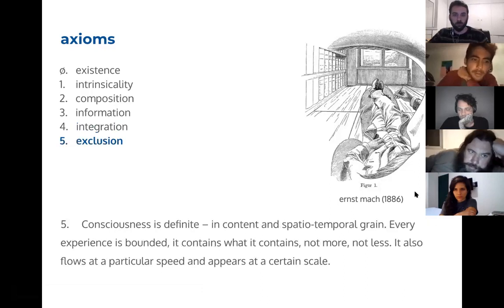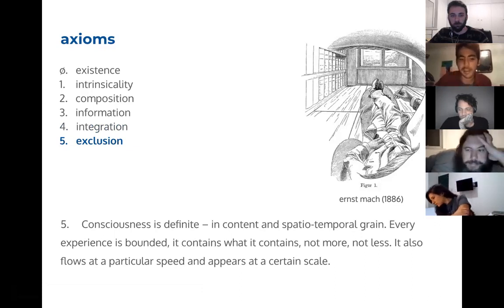And finally, exclusion, which is maybe the trickiest one and the one with more implications, which says that consciousness is bounded. It contains what it contains, neither less nor more.